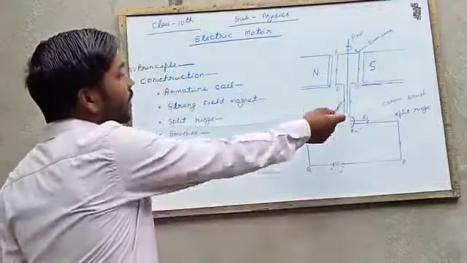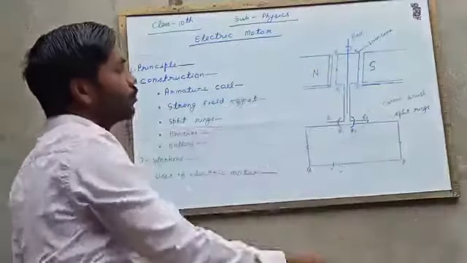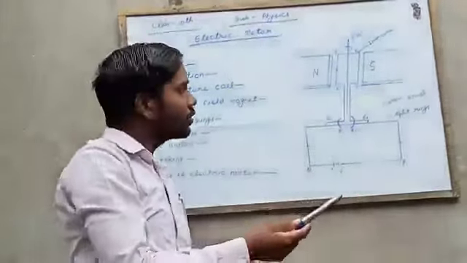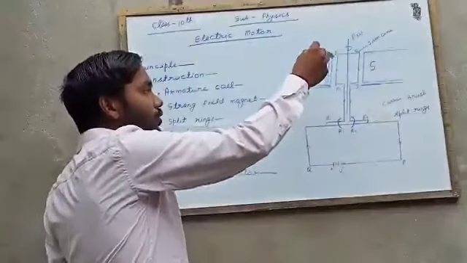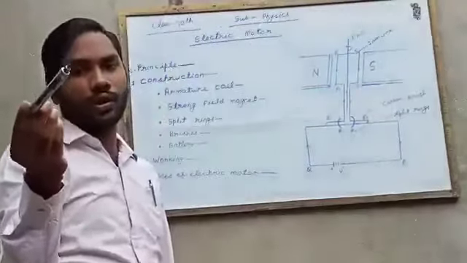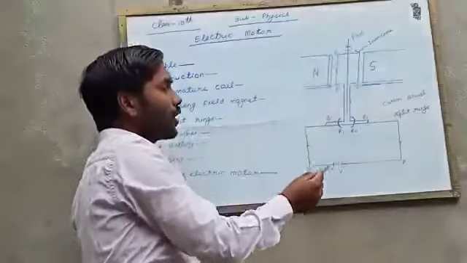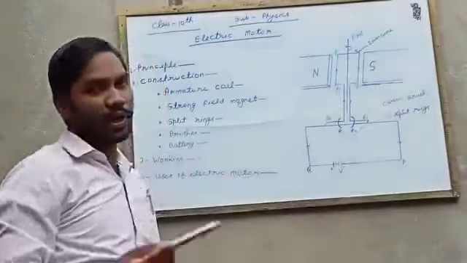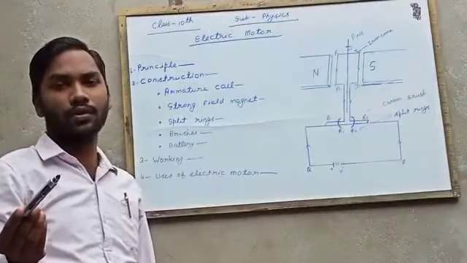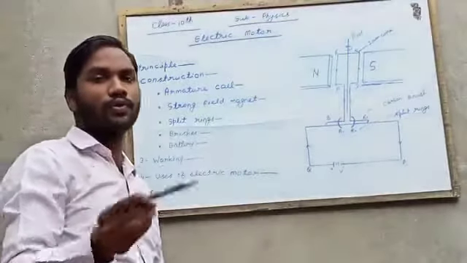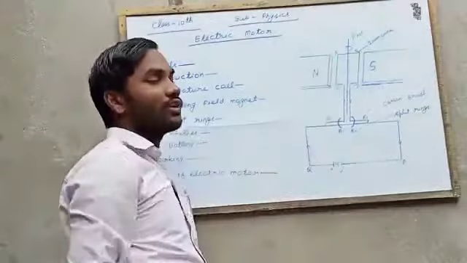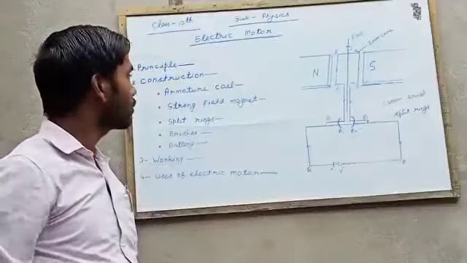When electric current is passed through this coil, a force will be generated which will be perpendicular to the coil and the magnetic field both, and with this force this coil will rotate.